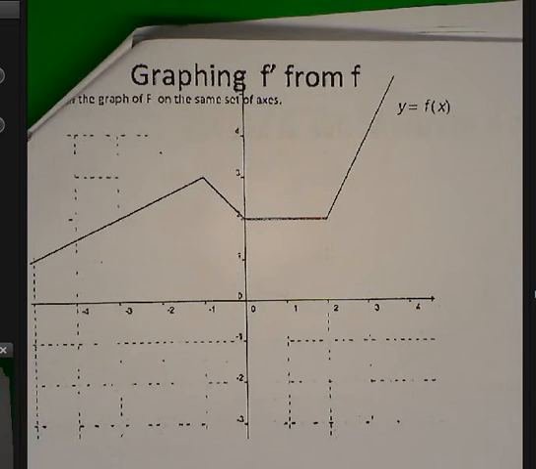Do the next two problems. Okay, hurry up though because we have to finish the lesson.